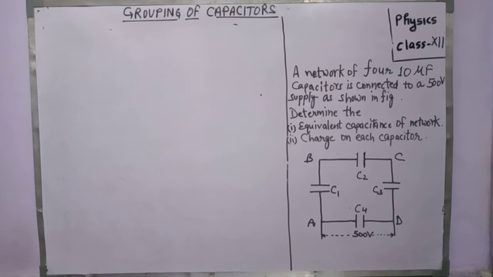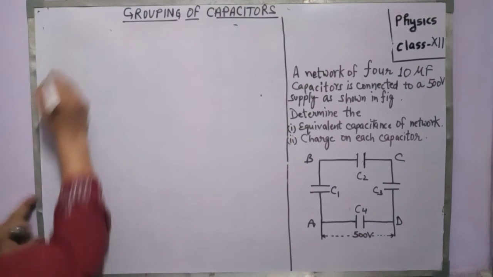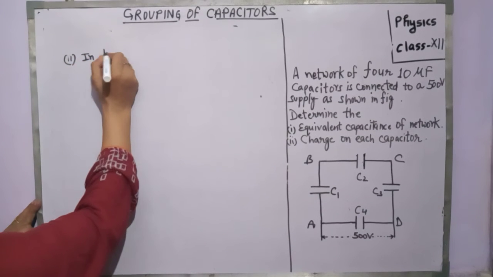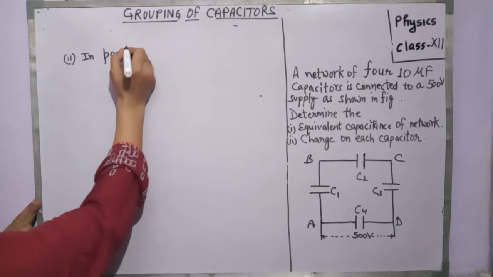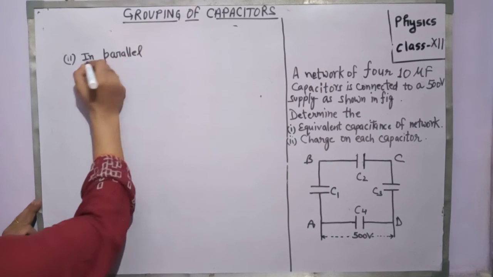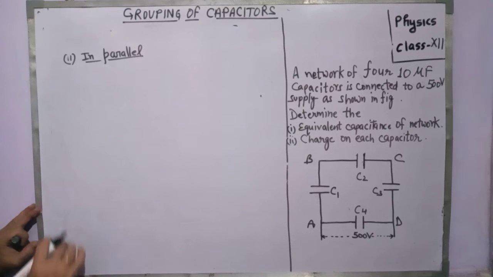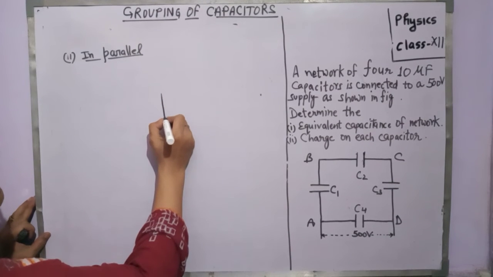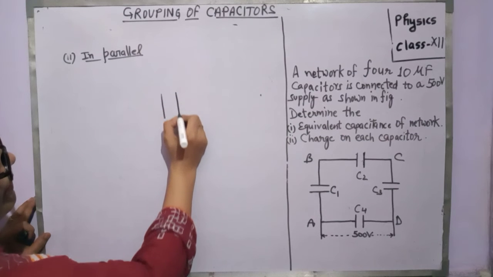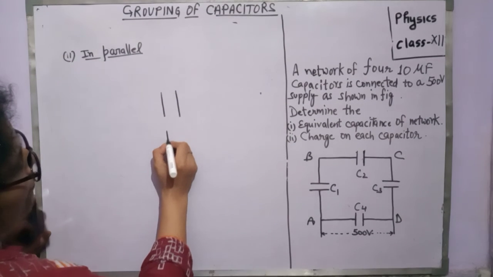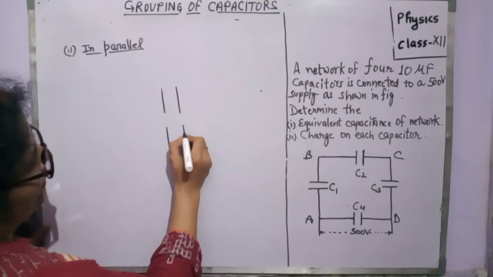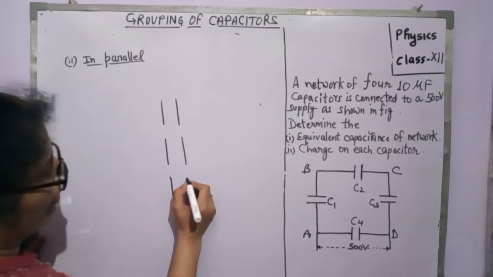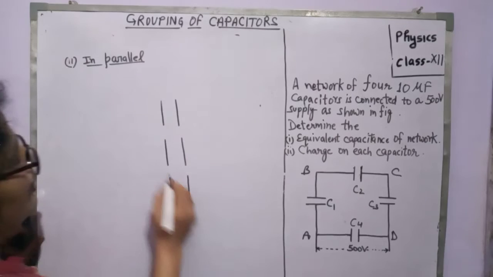And the second thing is grouping in parallel. How the capacitors are connected in parallel. When the capacitors are connected in parallel, you have to take the first plate of one capacitor. All the first plates of all capacitors are connected to a point, and all the second plates of the capacitors are connected to another point.